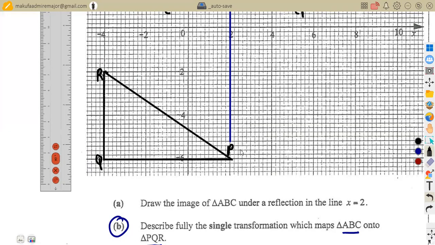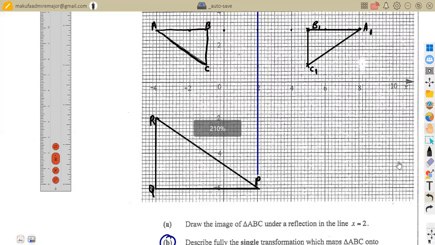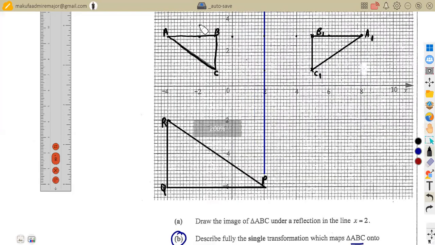This is PQR. So our question was for us to describe the transformation which is mapping this triangle ABC onto this triangle. The first thing was for us to check, as we can see here, we are expecting an enlargement or a two-way stretch. These are the two transformations that can enlarge, that can make the object bigger from where it was.